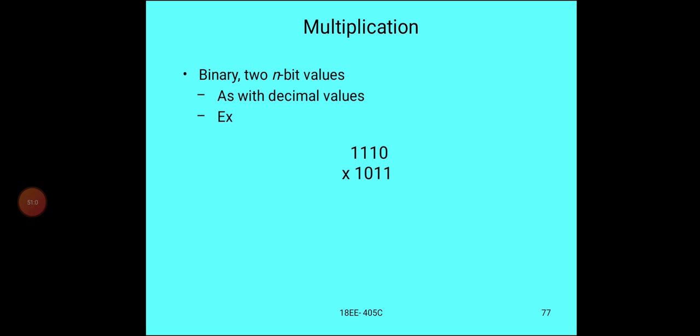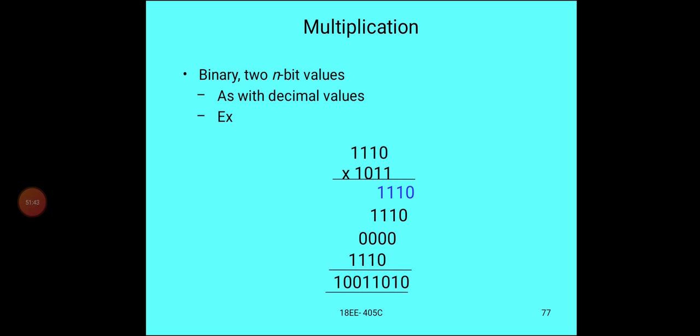Example: 1110 multiplied with 1011. Multiplying with 1 we get 1110. Again multiplying with 1 we get 1110. 0 multiplied with the number gives all zeros. Again 1.